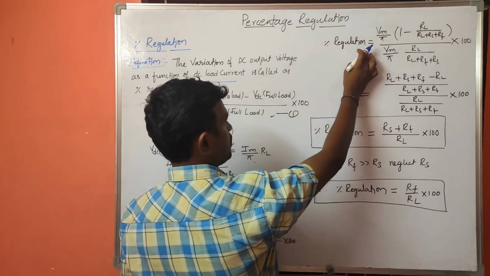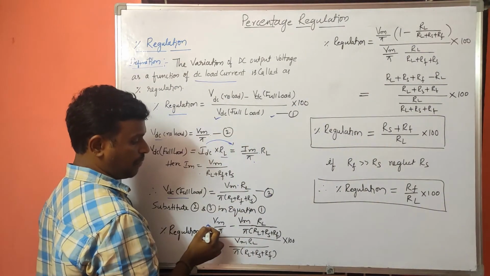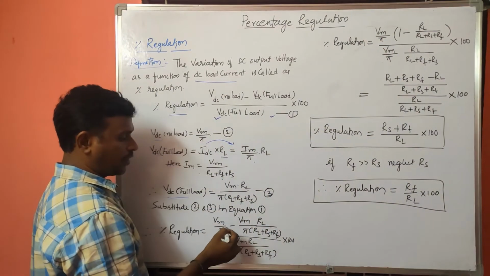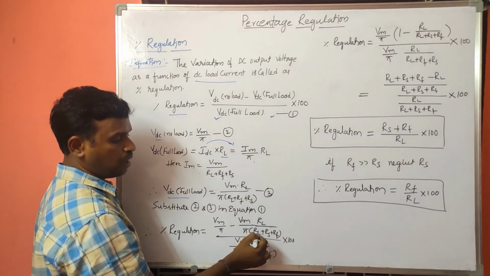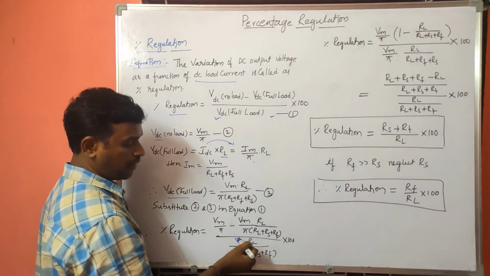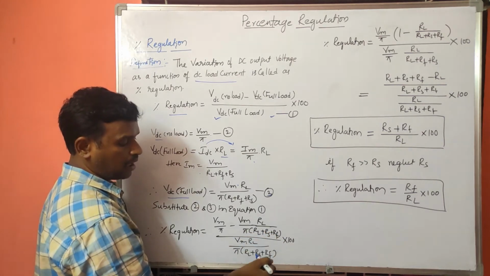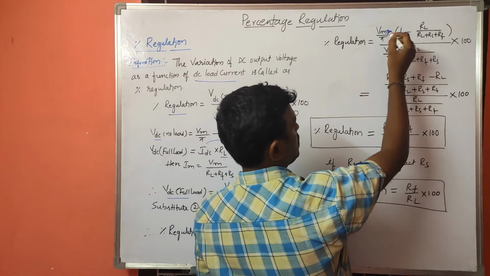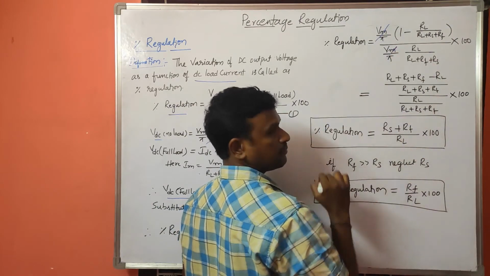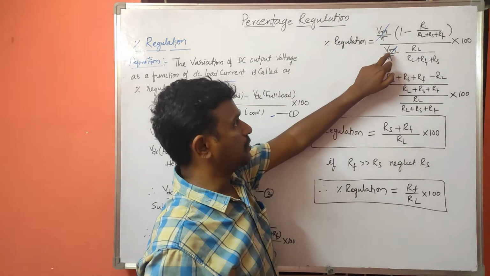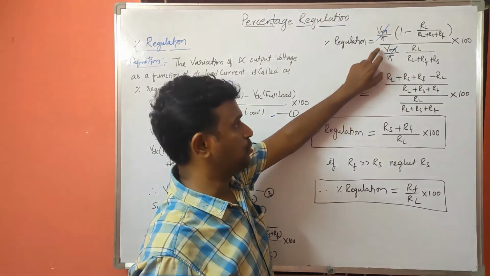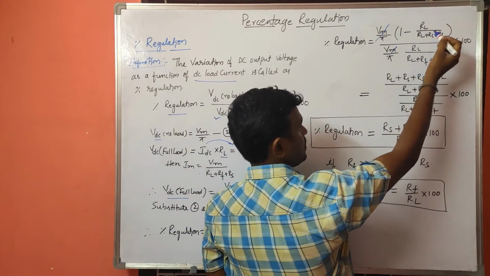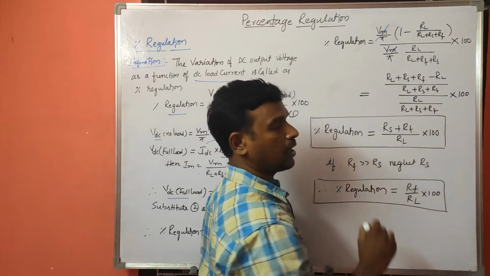Therefore percentage regulation: the common term is Vm by pi, so we get 1 minus RL by RL plus Rs plus Rf, divided by Vm by pi RL by RL plus Rs plus Rf. The Vm by pi in the numerator and denominator will cancel, and we have 1 minus RL by RL plus Rs plus Rf, over RL by RL plus Rs plus Rf.